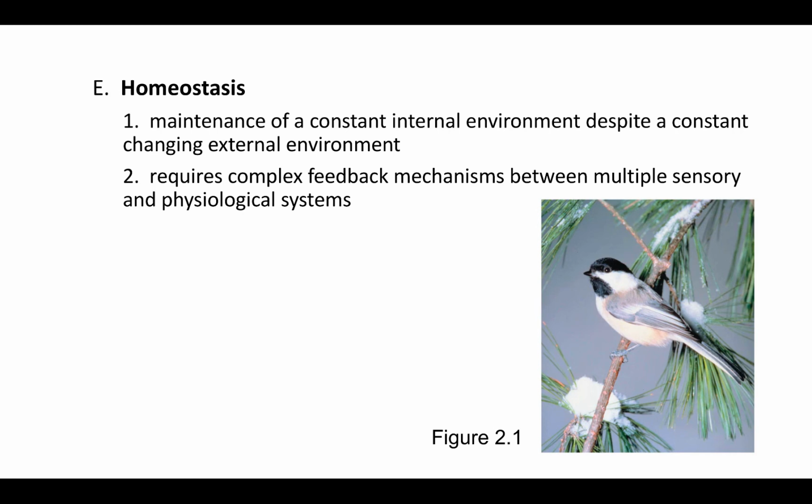So here in our figure, we have the black-capped chickadee. It has a core body temperature of about 107 degrees Fahrenheit. It's actually able to maintain that body temperature even in very cold environments. So it has a lot of homeostatic mechanisms in place to be able to maintain that body temperature.